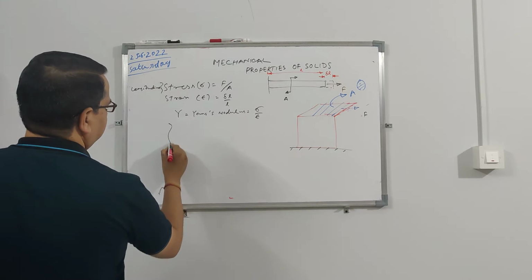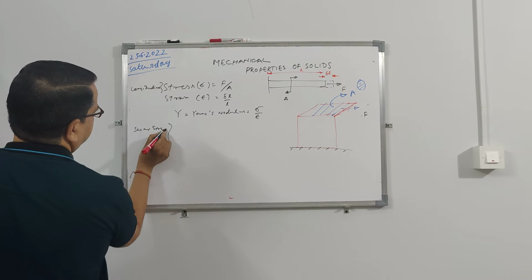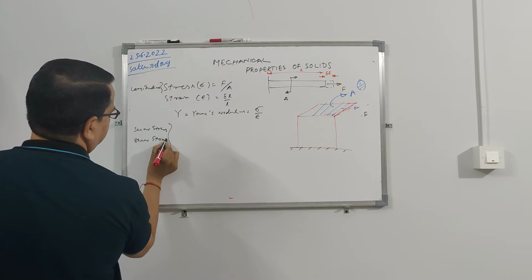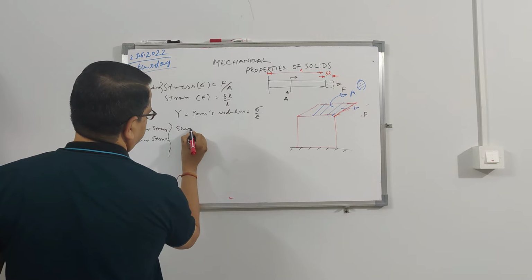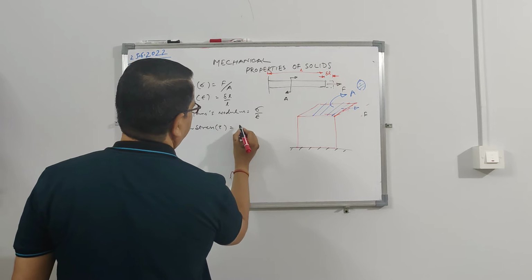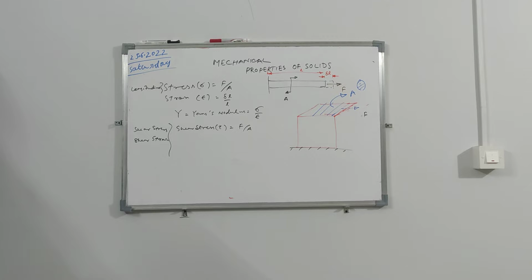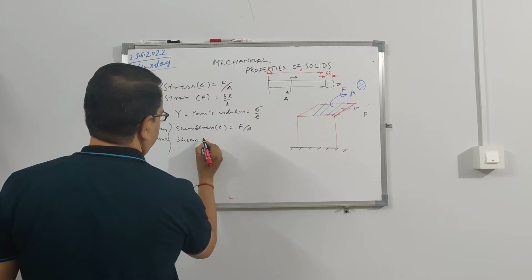Then we will have shear stress and shear strain. Shear stress, tau, is equal to force by area. Here you can see the force is applied parallel to the surface. And then shear strain.